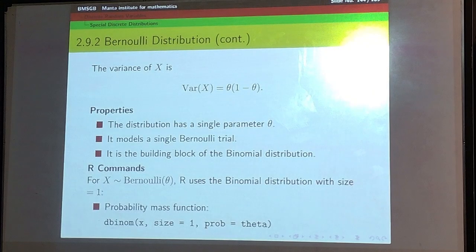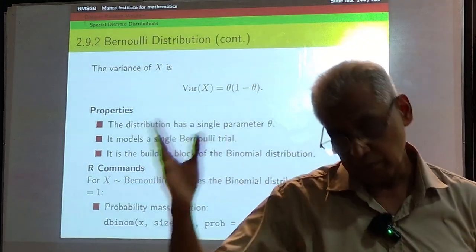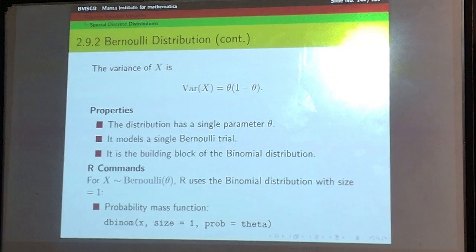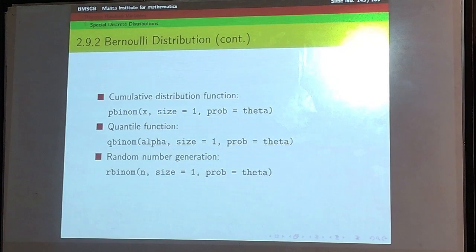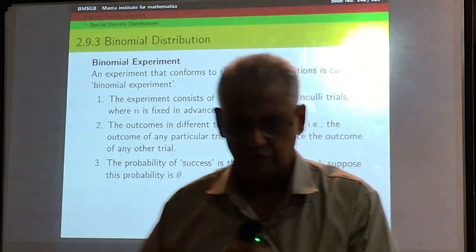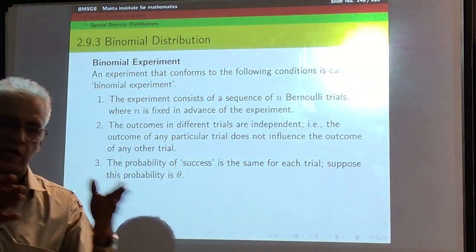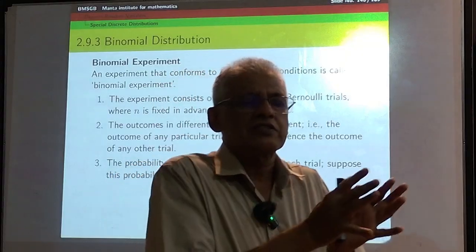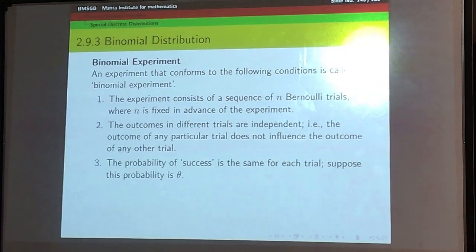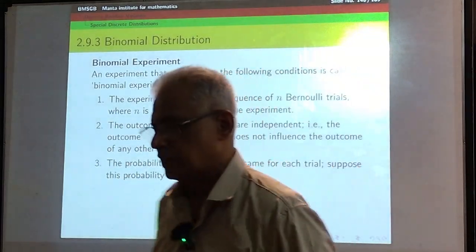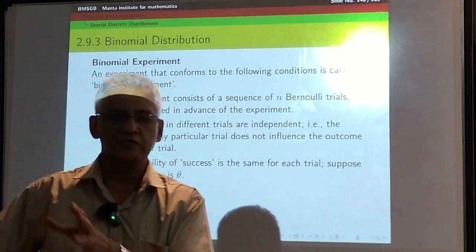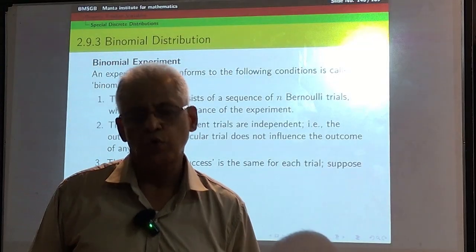On the other hand, the binomial is again a special case of the Bernoulli also, so you can consider it both ways. That is the building block. If you are doing some experiment where the outcome is a success or a failure, and suppose you do this Bernoulli experiment a fixed number of times, where the number of times is a known value.